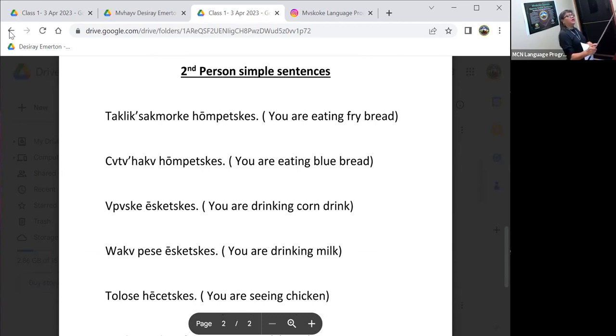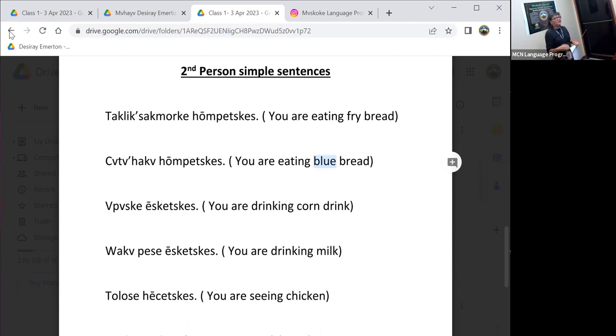Somebody had a question about where's the word blue for blue bread. And I had to tell them, Tadahaga is the name of the blue bread. So that's why it doesn't have the word blue in there. Because if you were talking about something that didn't have a name, it would probably be Daklegi Polati. But since Tadahaga is blue bread, we have a name for that. That's why you don't see the word blue in that.